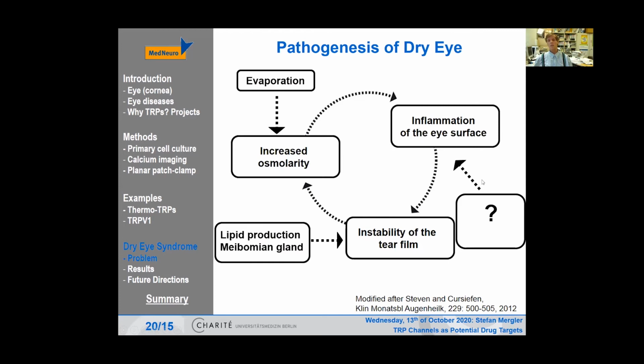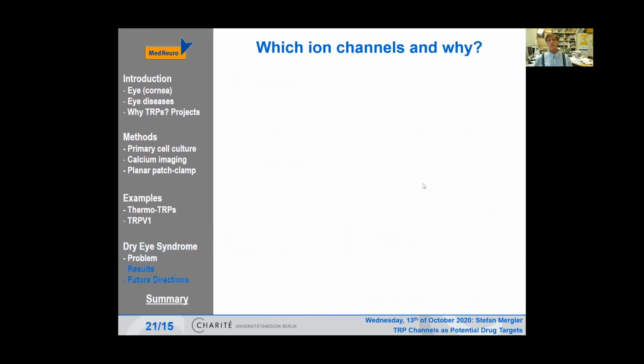And the question is, what is the external factor for that? The first initial question was whether ion channels are involved, and indeed, the question is which ion channels and why? The hypothesis is it should be a channel which can be activated by hypotonic challenge. It should be a channel which triggers inflammation.